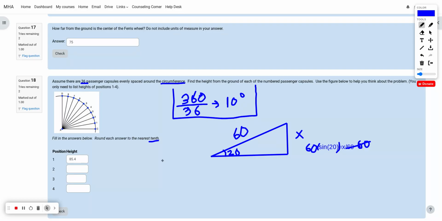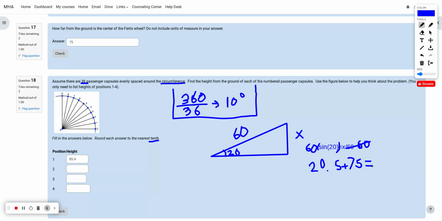So I get 20.5. So then 20.5 plus 75. Yeah, I'm just writing just to write at this point. That is equal, no, I don't know, I want to do a division.